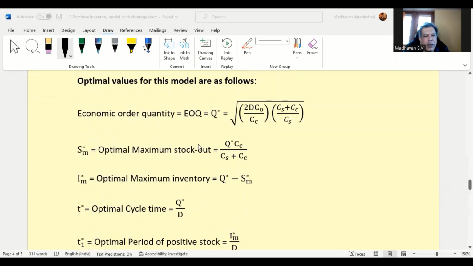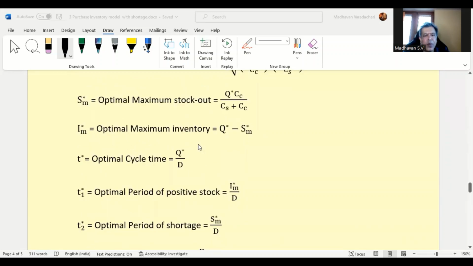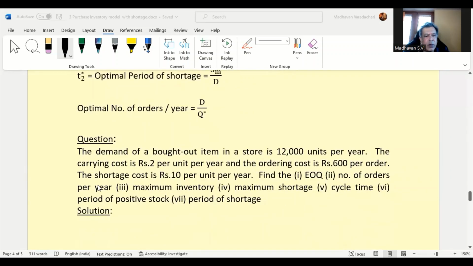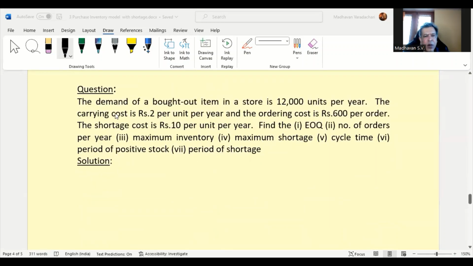So based on these optimal values, let us do one numerical problem. The question says the demand of a bought out item in a store is 12,000 units per year. The carrying cost is rupees 2 per unit per year, and the ordering cost is rupees 600 per order. The shortage cost is rupees 10 per unit per year.